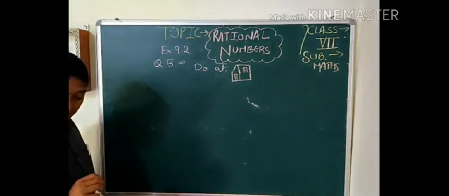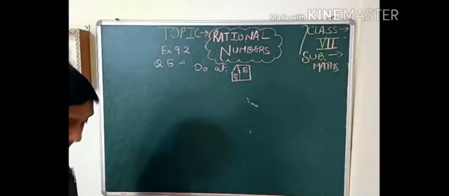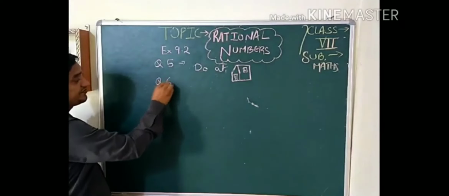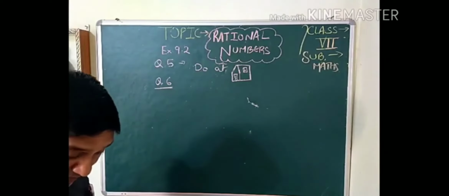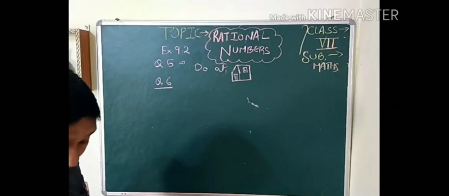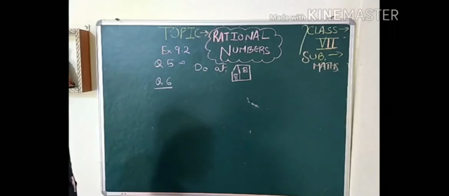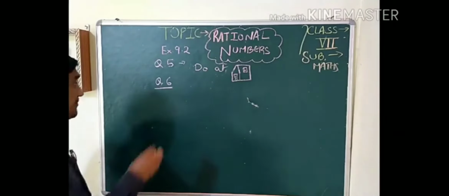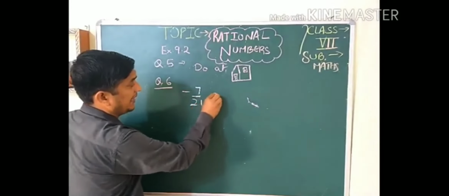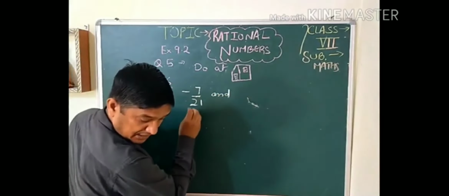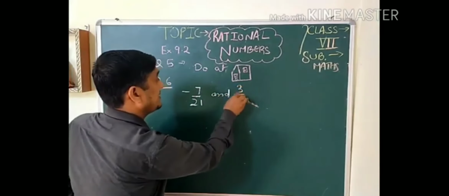And question number 6 is, which of the following pairs represent the same rational number? Now children, here you have to tell which of the following pairs of rational numbers are equal or not. The simple way of checking is what? See, suppose this is minus 7 upon 21 and 3 upon 9.